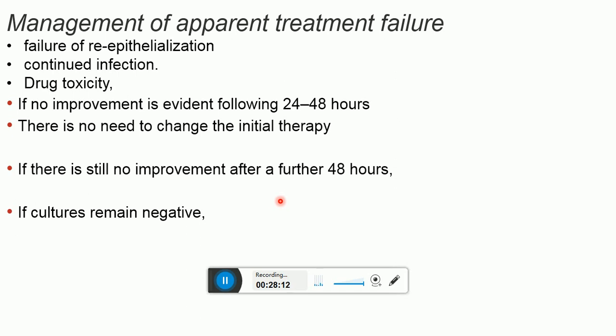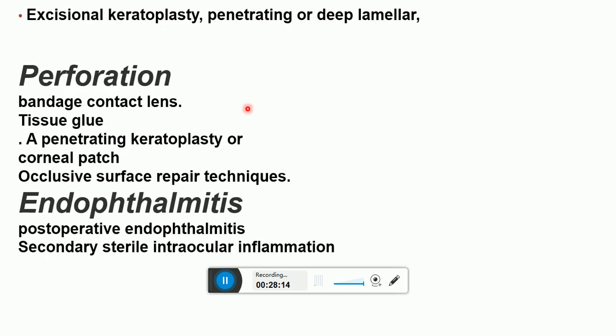Excisional keratoplasty, penetrating or deep lamellar keratoplasty may be considered in cases of resistance to medical therapy or for incipient or actual perforation. So, topical drug and preservative toxicity may cause a failure of corneal reepithelialization, which can be confused with persistent infection.